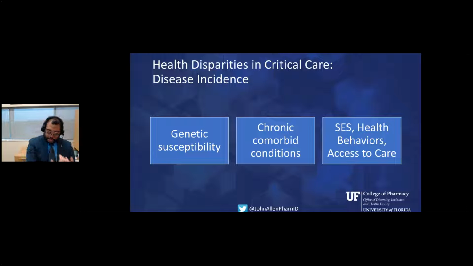Non-white patients also have more chronic comorbid conditions that alter immune function, for example HIV, chronic renal failure, or diabetes. When we talk about socioeconomic status, health behaviors and access to care, there is considerable evidence that services and outcomes differ by socioeconomic status, race, and ethnicity. Differences in socioeconomic status and environmental factors such as education, poverty, and segregation all contribute to poor health habits.